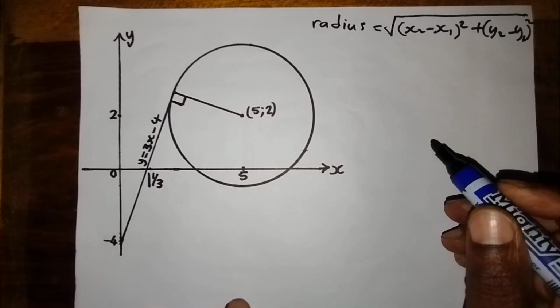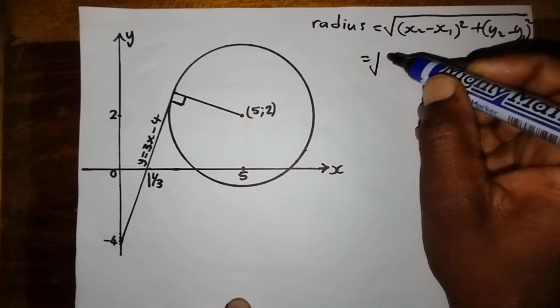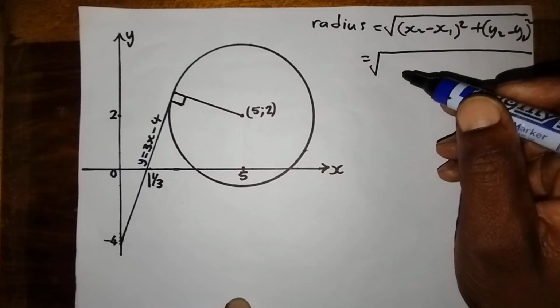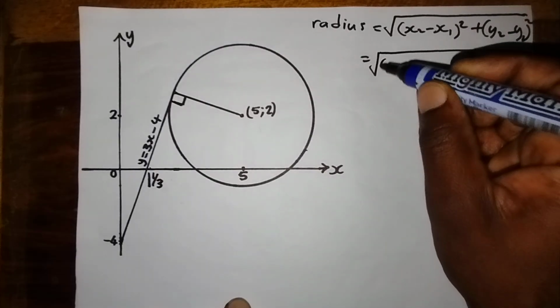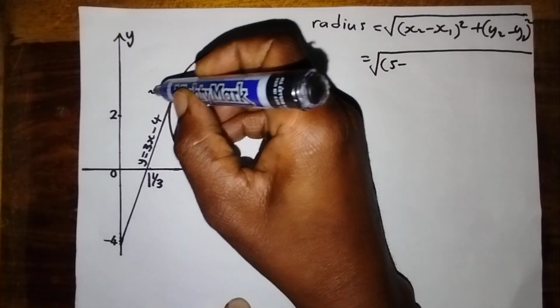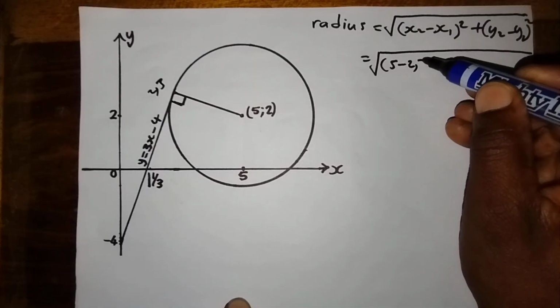Now for us to find our radius, let's substitute values. For our x2, let us use this 5 here, so 5 minus our x1, which is 2.3, squared.